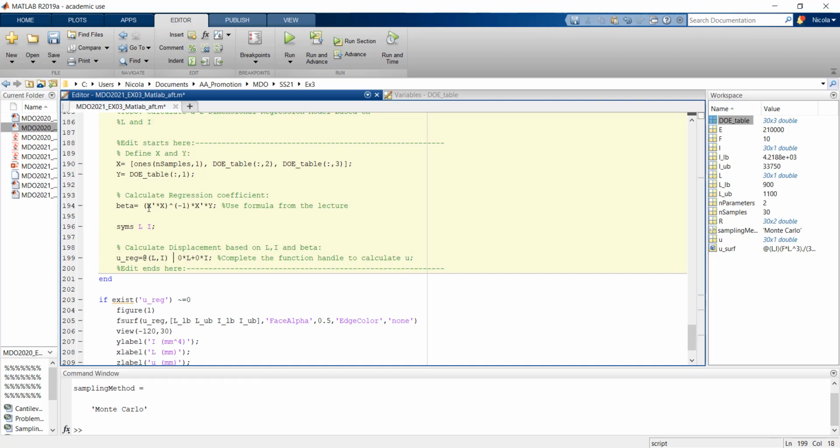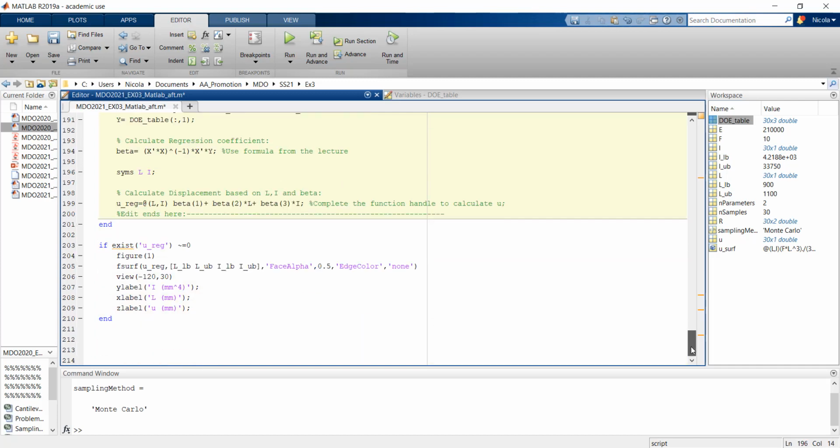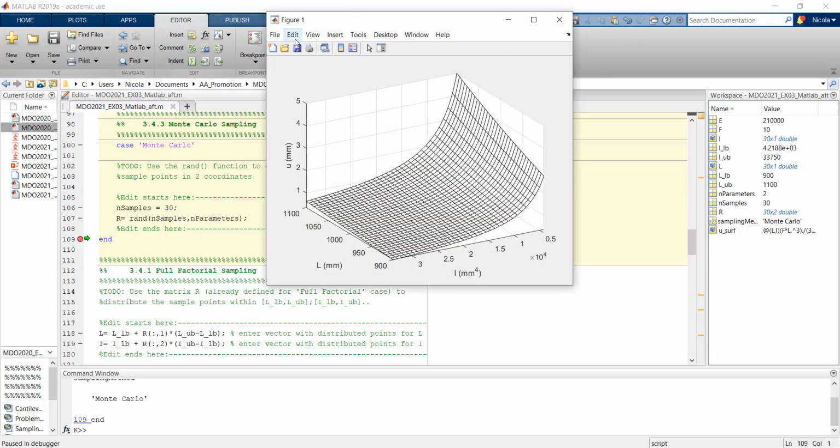So in this case it's a function which is beta 0, so the first coefficient, plus beta 1, the second coefficient, times L, plus beta 2 times I, so that's the third coefficient, and then we can plot it, and that's already implemented.